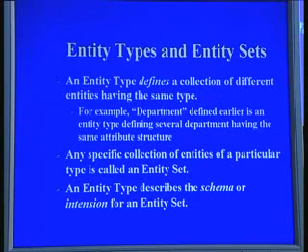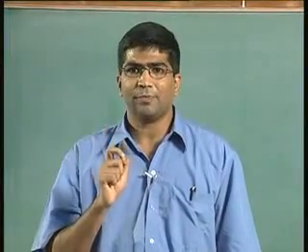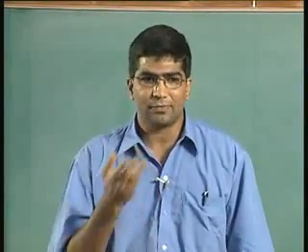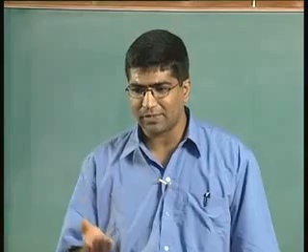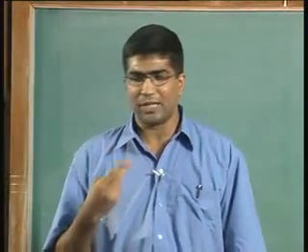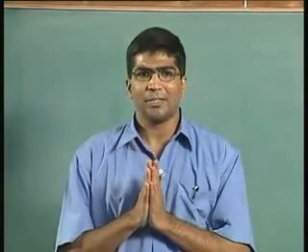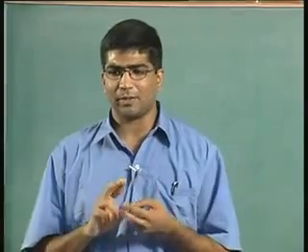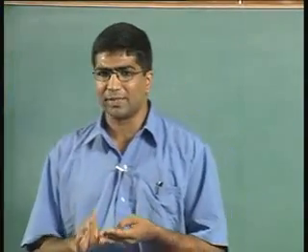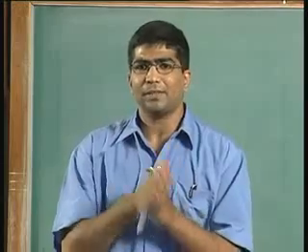What does that mean? It basically says how the structure of entities of this type should look. Suppose we say that department should contain a department ID, it should have an address, it should have a manager, and several other attributes. That means that no matter whether it is the supplies department or the accounting department or the systems programming department or whichever department it is, they should be defined by these attributes.